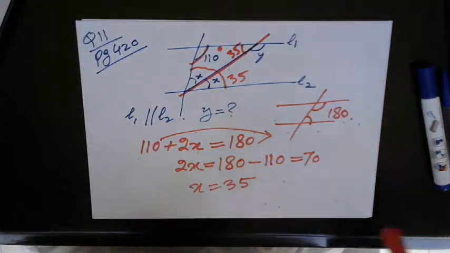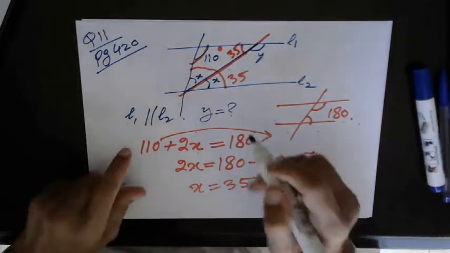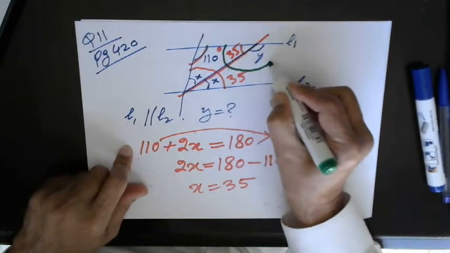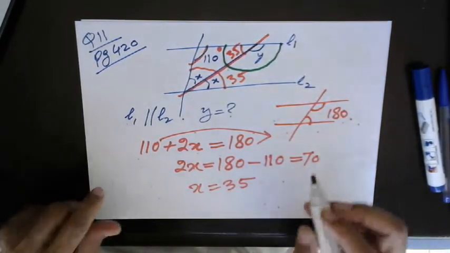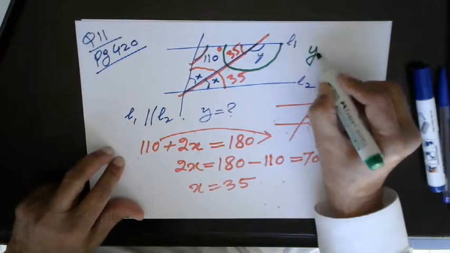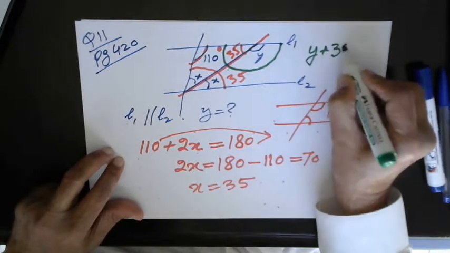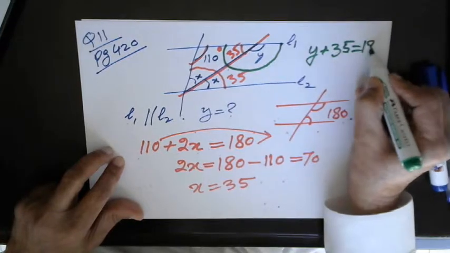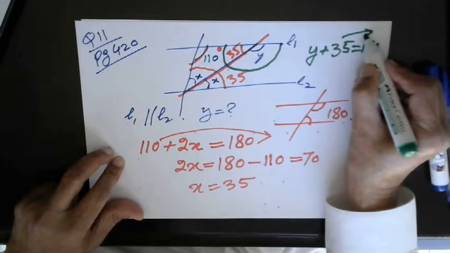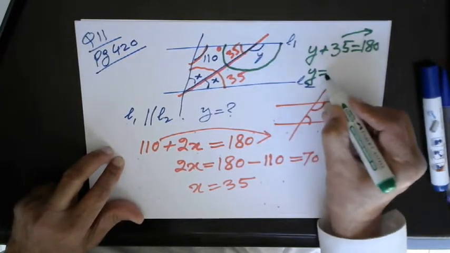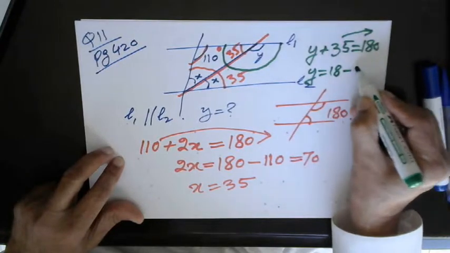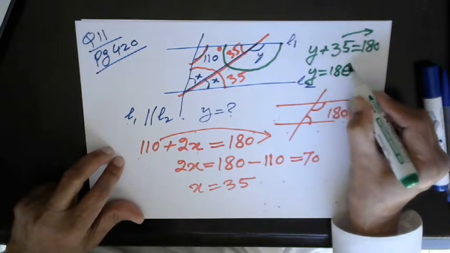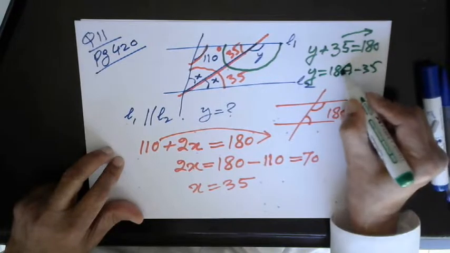Now, I'm sure you know that for these two angles, namely 35 and y, the sum is 180. So y plus 35 is equal to 180. If you transfer this to the other side, you will get y is equal to 180 minus 35.